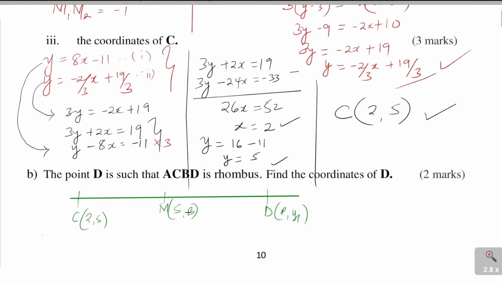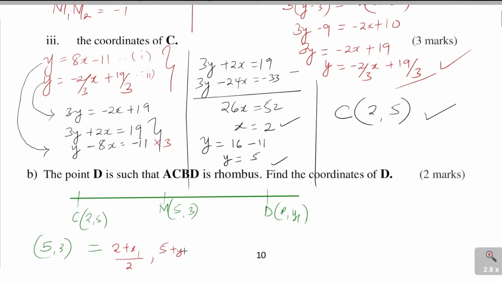Now you know how we get the midpoint. The midpoint, which is 5, 3, is obtained by getting 2 plus x1 divided by 2, and then 5 plus y1 divided by 2.